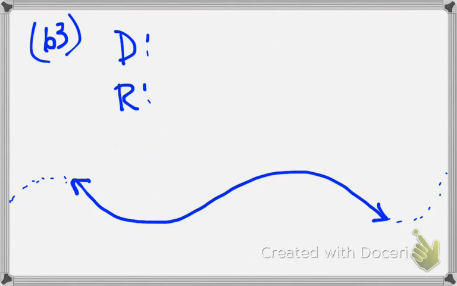So if that's true, then we'll have a little bit different range. But if you talk about the domain, how far does this go to the left and how far does this go to the right? Well, it goes on and on and on and on. So that's going to be all real numbers.